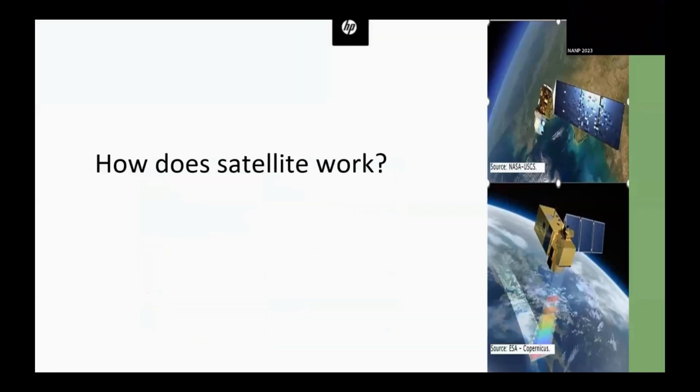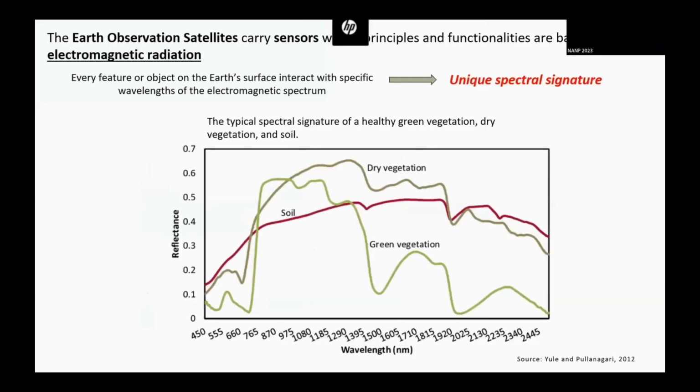So how do satellites work? I will talk here about the Earth observation satellites, which are the satellites that we use for agricultural purposes. Those satellites carry sensors, and those sensors have principles and functionalities based on electromagnetic radiation.